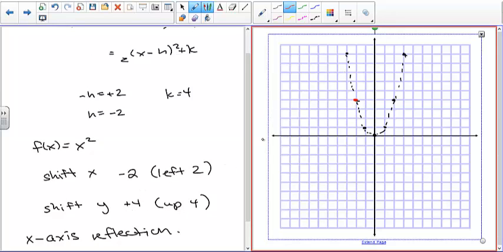There is no stretching, so I go over 1 and up 1 here, so I should go over 1 and down 1, over 1 and down 1. Like here, over 2, up 4, over 2, down 4, and then I could do 9. So over 3, down 9, that's 4, 5, 6, 7, 8, 9. And do the same thing here. You can see how these are symmetric, and then you can draw your curve in.